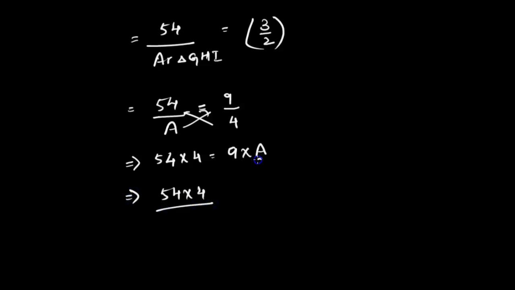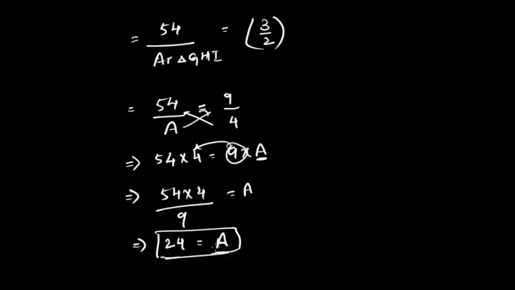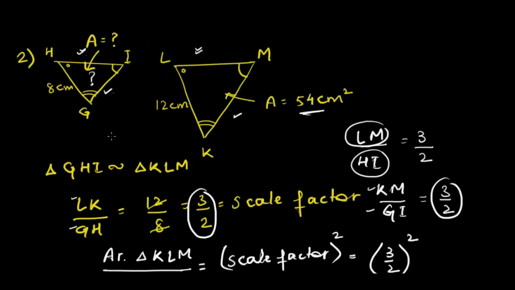Now we would be isolating a, so we will move this to the other side, so this gets divided, equal to a. When we put this all on the calculator, we get 24 as the a value, and this a value is representing the area of triangle GHI. Therefore, the area that we get for triangle GHI is 24 centimeters squared. And this is how we use the scale factor to solve for the unknown area.